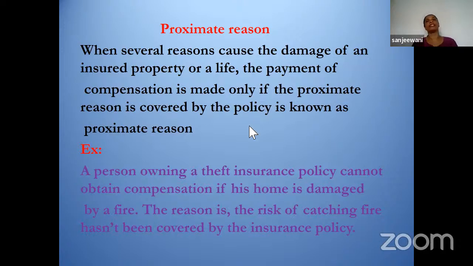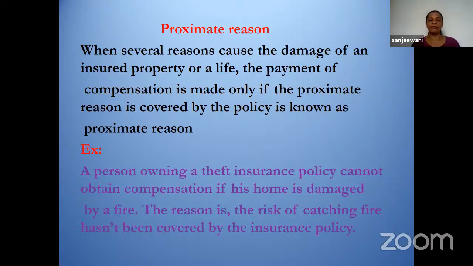If something happens because of flood, you will not get compensation, because you have not insured your house under flood. When several reasons cause damage to an insured property or a life, the payment of compensation is made only if the proximate reason is covered.